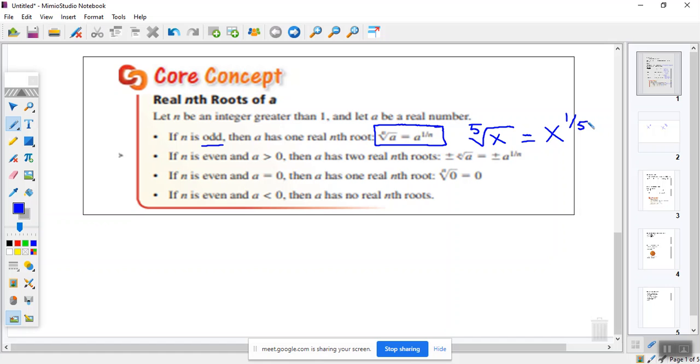But there's a concept out there that says if you have an nth root of a, that's equal to a to the 1 over n. All right? Then it says if n is even and a is greater than 0, then a has what, kids? Two real roots. I'll talk to you more about that. You remember that square root of 64 I talked about? And you guys told me it was what? But it'd also be negative 8.